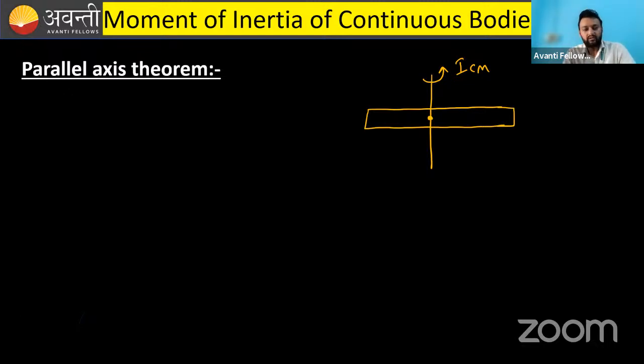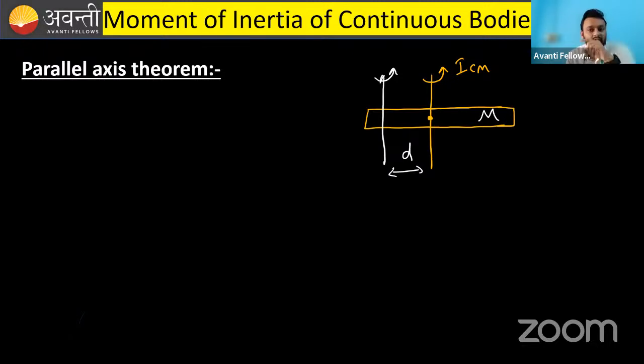Now, suppose there is another axis which is parallel to the previous axis. Consider another axis which is parallel to the center of mass axis, and the distance between these two is d, and the mass of the body is m.